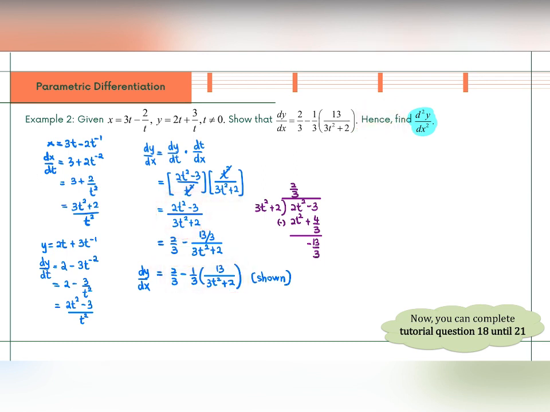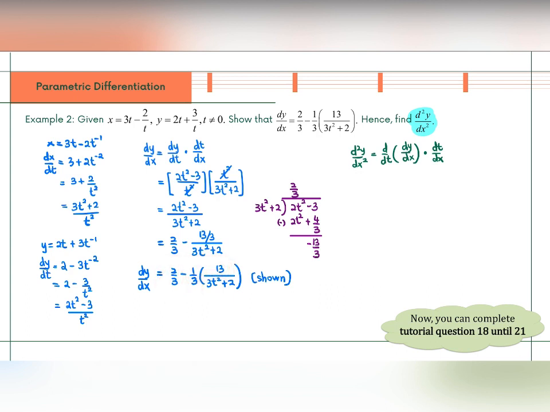So, if you still remember tadi formula dia, so, second derivative d square y over dx squared datangnya daripada differentiate with respect to t of our dy over dx. Kemudian kita akan multiply by dt over dx. Okay, so differentiate this function. So, differentiate 2 over 3 kita dapat kosong. And then ini kita boleh factorize keluar. So, okay.